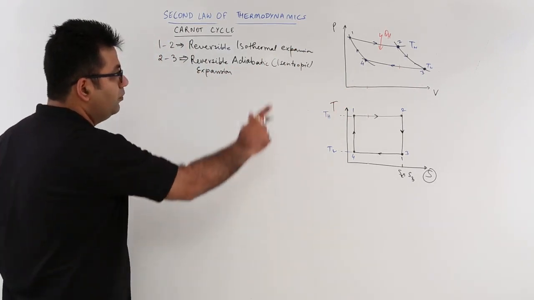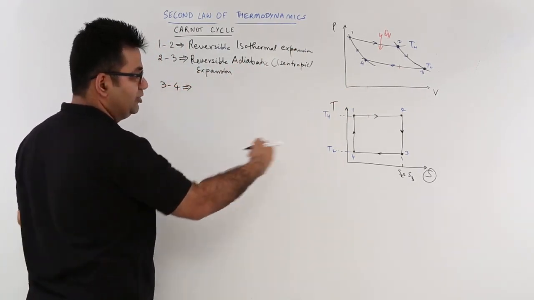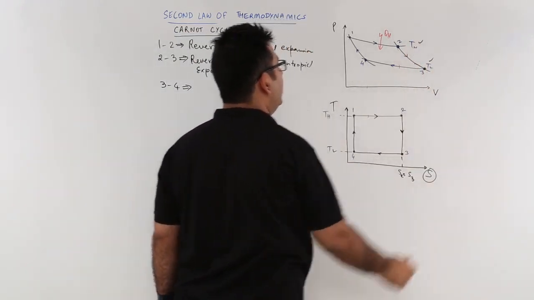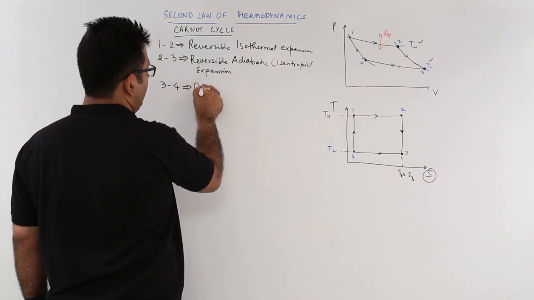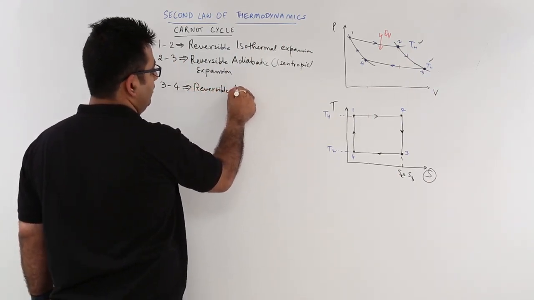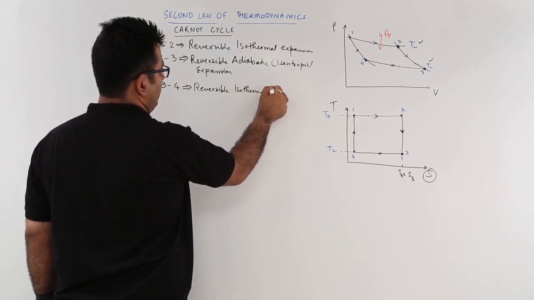Okay. Now we come to 3 to 4. 3 to 4 again becomes isothermal, and there are two temperature limits, TH and TL. So this becomes a reversible isothermal compression.